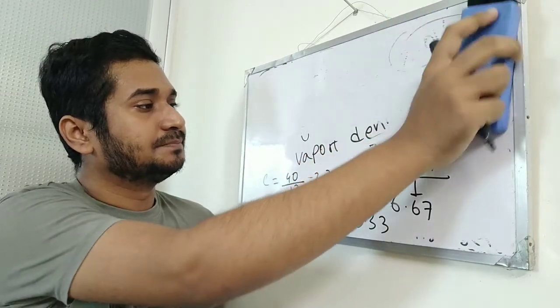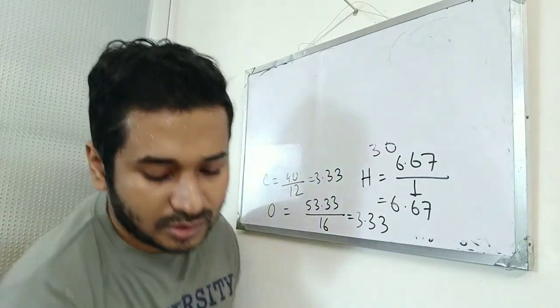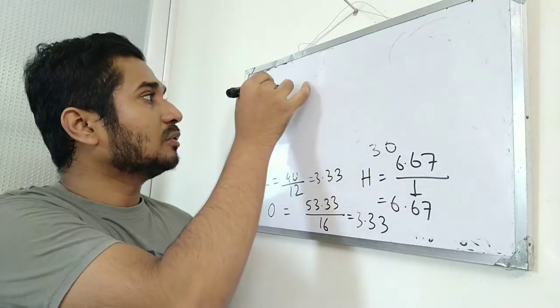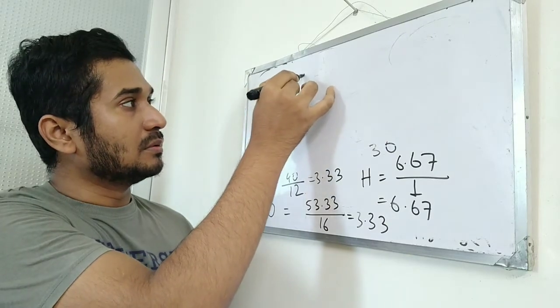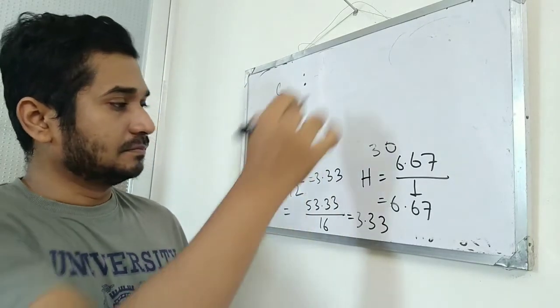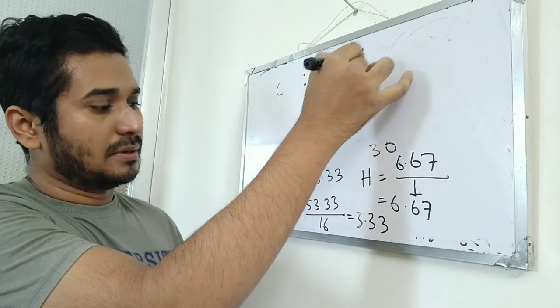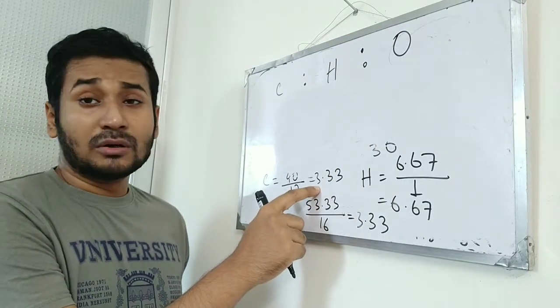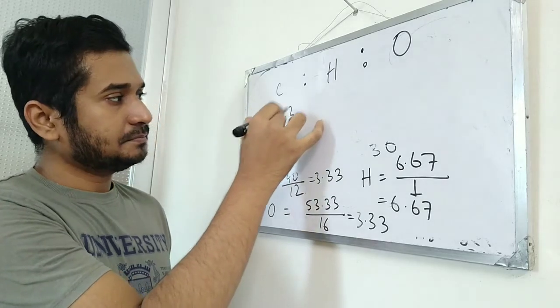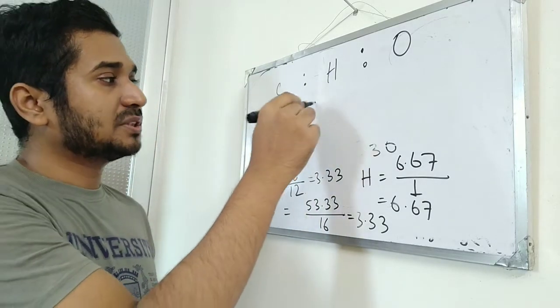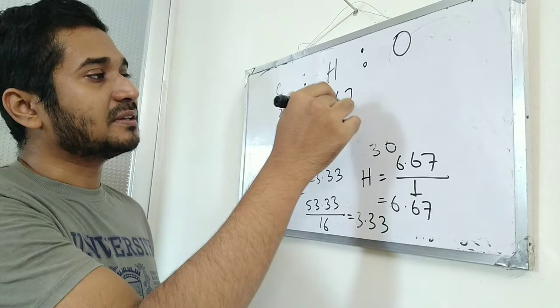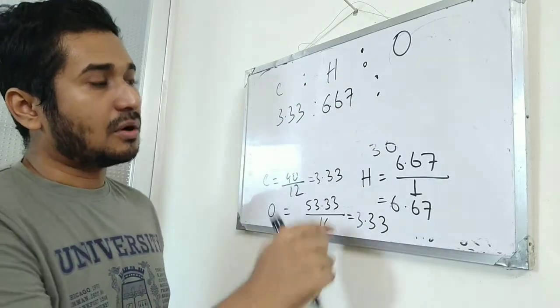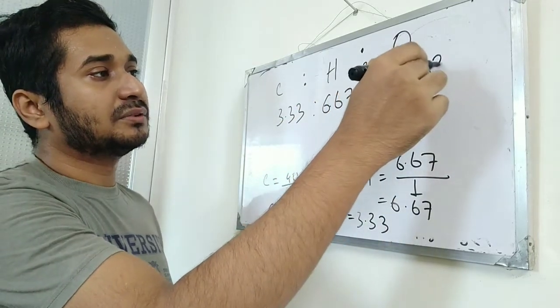Then what to do? You should write carbon, hydrogen and oxygen. We have got 3.33 for carbon, 6.67 for hydrogen and 3.33 for oxygen.